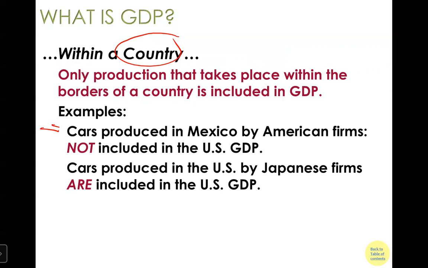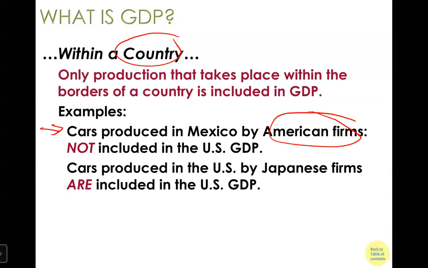Example one: cars produced in Mexico by an American firm go into Mexico's GDP, because the production happens inside Mexico, even though eventually the profit belongs to Americans.